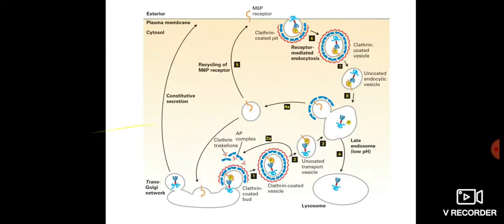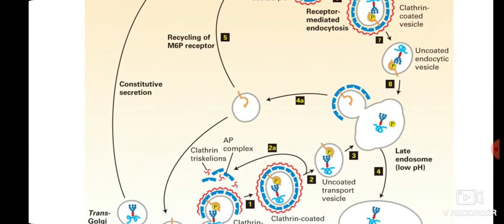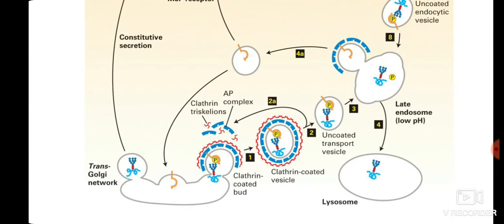So once the mannose 6 phosphate is formed, this protein is meant to function within the lysosome. So how does this particular protein mobilization happen from the Golgi, that is the trans Golgi network, which is called the sorting station, from where the proteins are sorted?